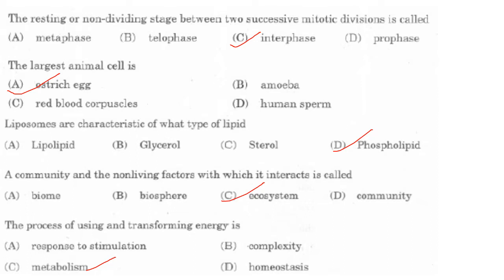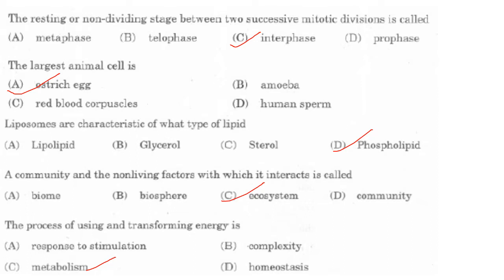A community and non-living factors with which it interacts is called ecosystem. Biome is a large naturally occurring community of flora and fauna occupying a major habitat. Example, forest or tundra is a biome. Then biosphere is made up of parts of the earth where life exists. And what is community? Community is an interacting group of various species in a common location.